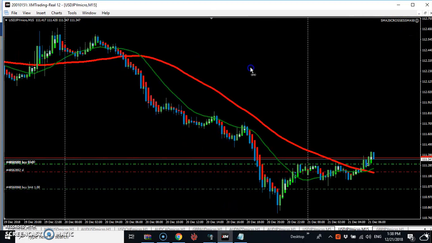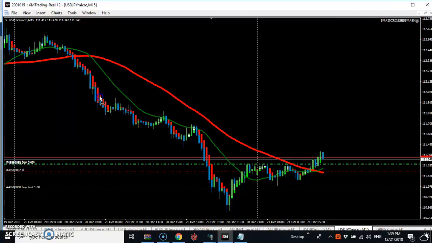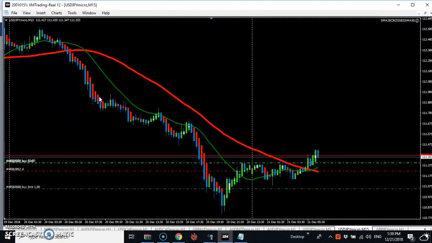Your EA will take the trade on your behalf, and you don't need to sit down in front of your screen. Sitting in front of the screen is time consuming, and playing with emotion also. So to avoid those things, just get a good strategy and automate the strategy. That's it.